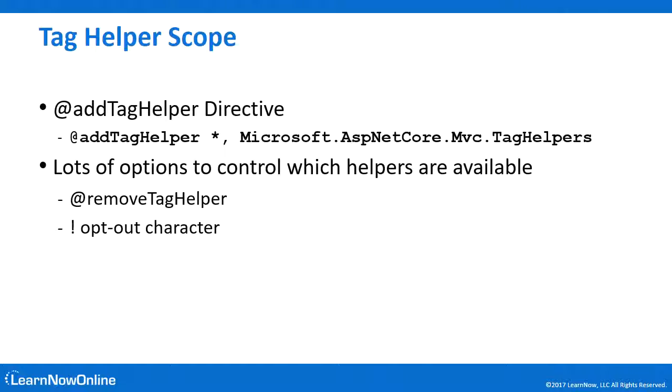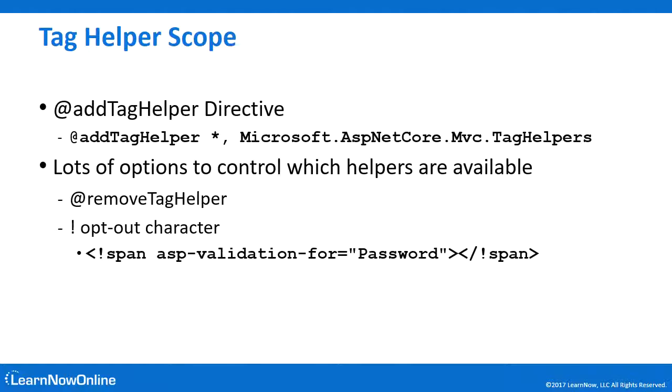Okay, so the way you do this is you prepend the element name with the bang or the exclamation mark to preclude the use of a tag helper on a specific element in a view. And now you're really getting granular. Okay, and here's the syntax for that.